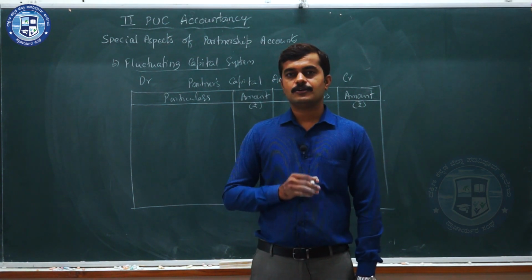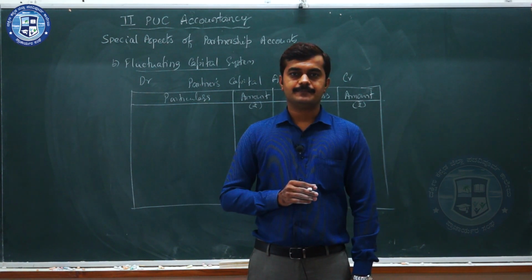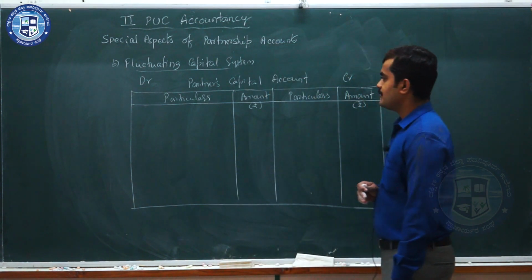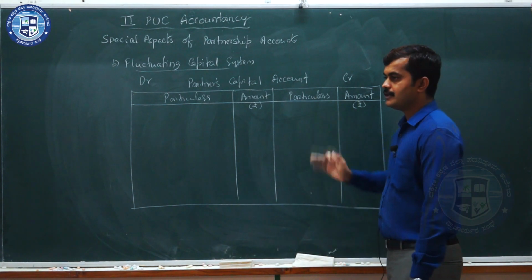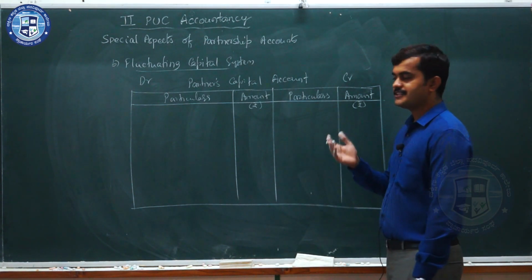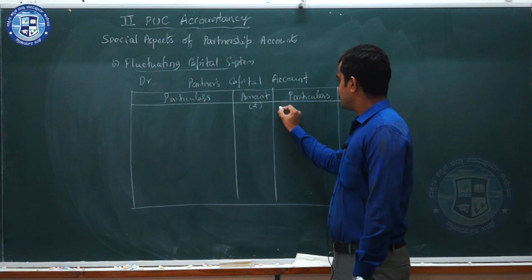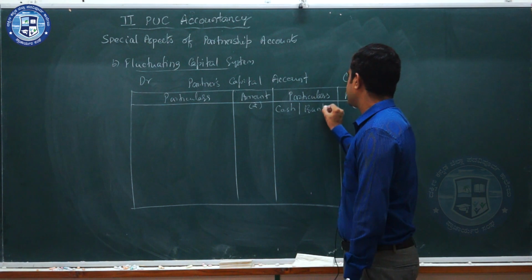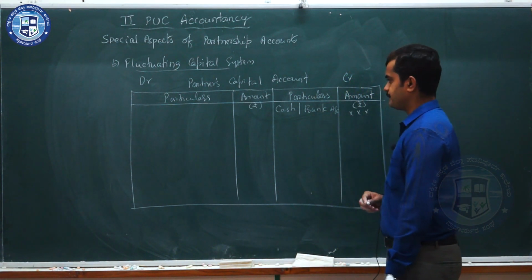Let us look at the format of partners capital account under fluctuating capital system. So we will be recording all 7 transactions in one account only, therefore the balance will change from year after year. So first, cash or bank account on the credit side for capital contribution by partner.